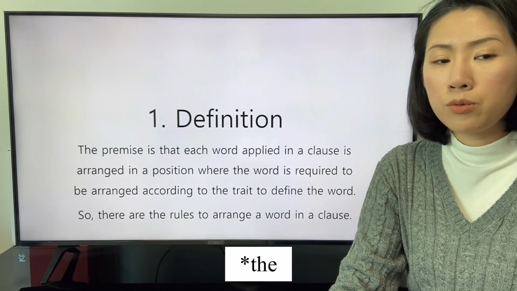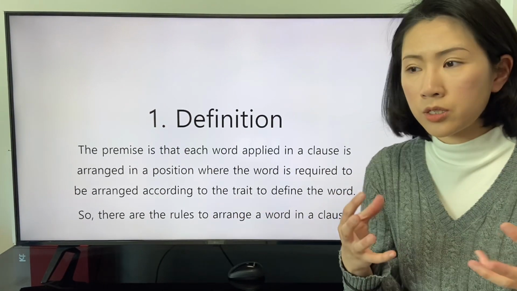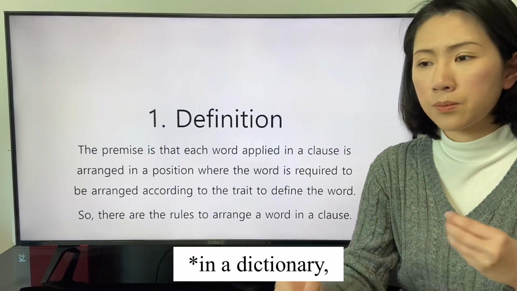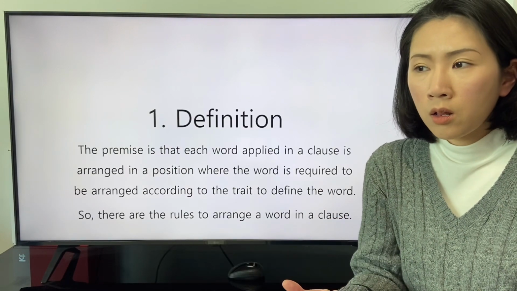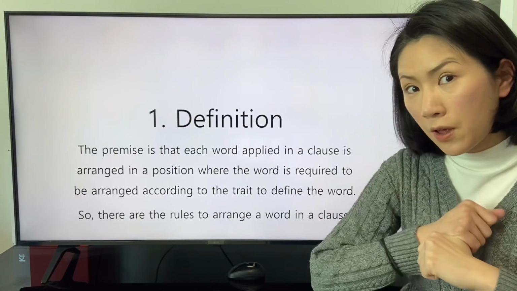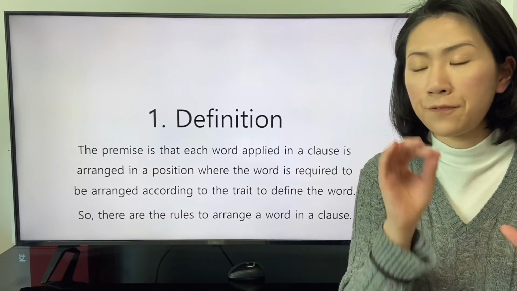So there are rules to arrange a word in a clause. When we search the definition of a word, we can figure out the definition of the word and the trait of the word.